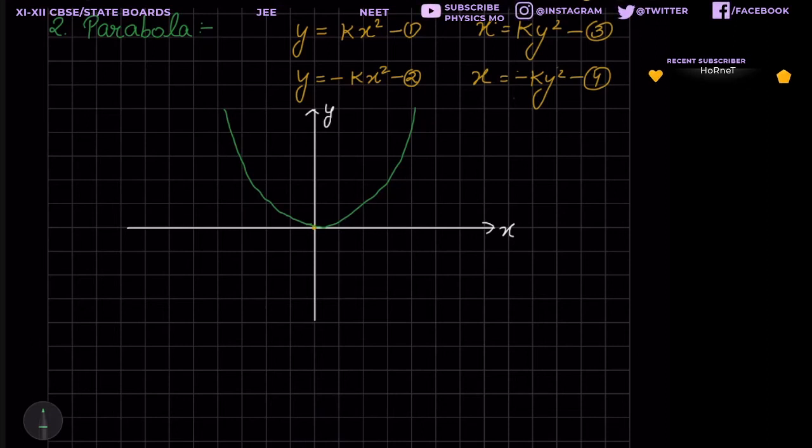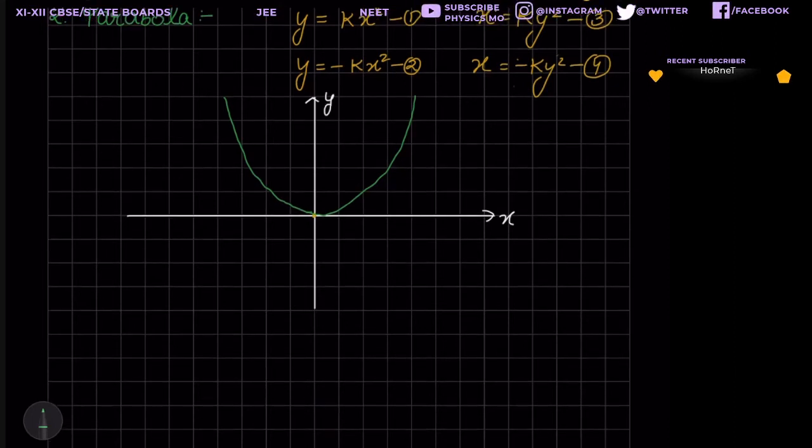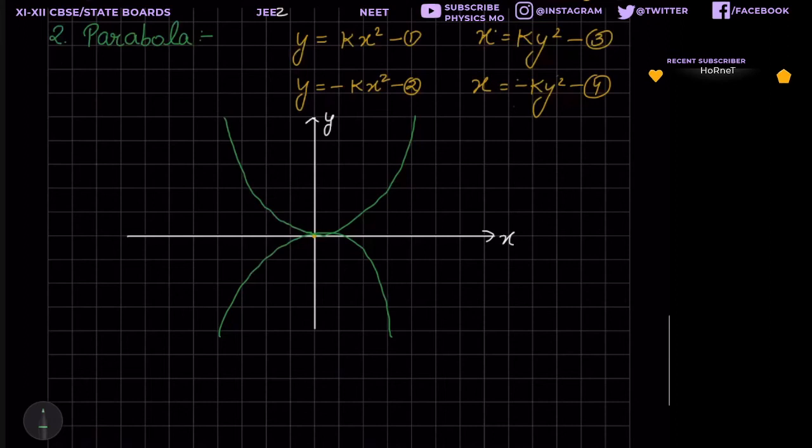Similarly, if you wish to draw y is equals to minus kx square, so this will be simply same and will be towards the negative y axis, so it will look something like this. If you wish to draw x is equals to ky square, which is the third one, तो third one को आप ऐसे ड्रॉ कर सकते हो. If you wish to draw the fourth one, now you are perfect in this, so you can draw it something like this.